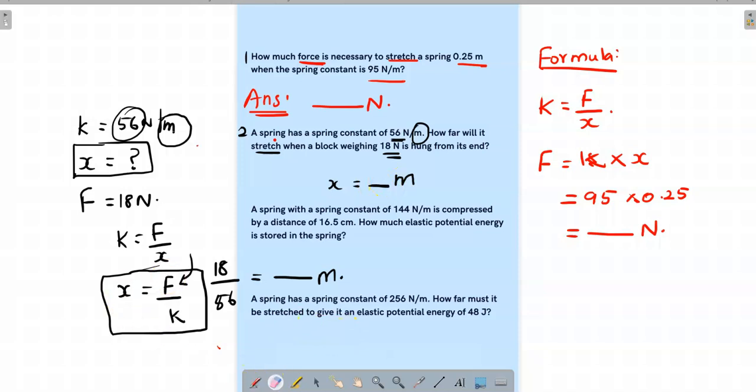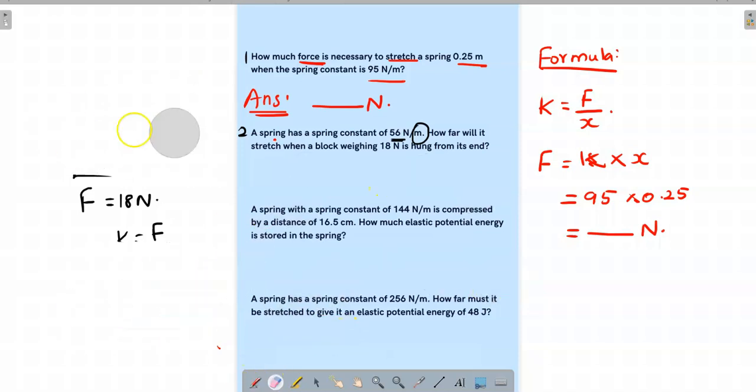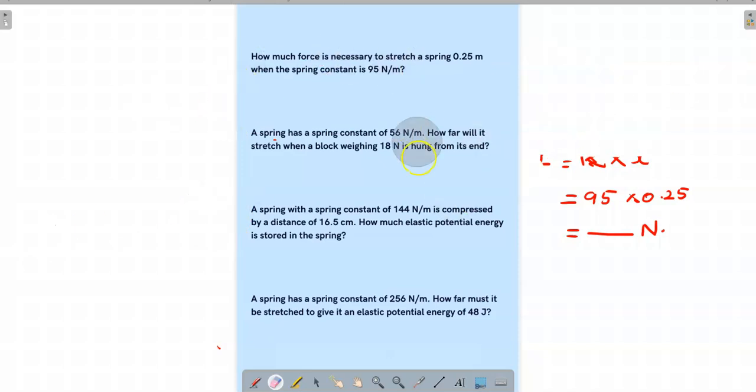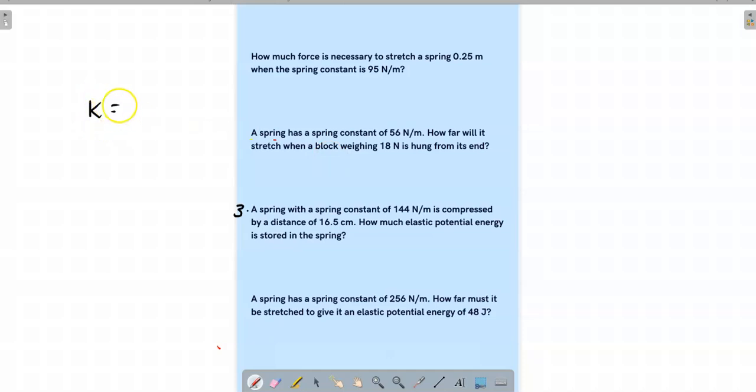Question number 3. A spring with a spring constant of 144 Newton per meter, so K is 144 Newton per meter, is compressed by a distance of 16.5 centimeters.